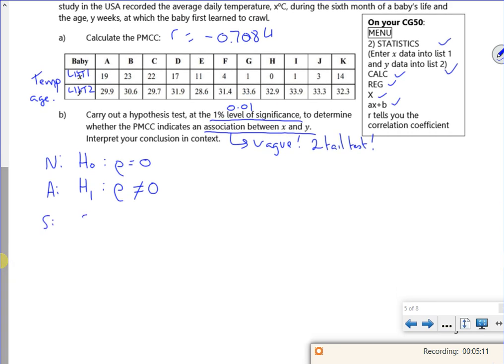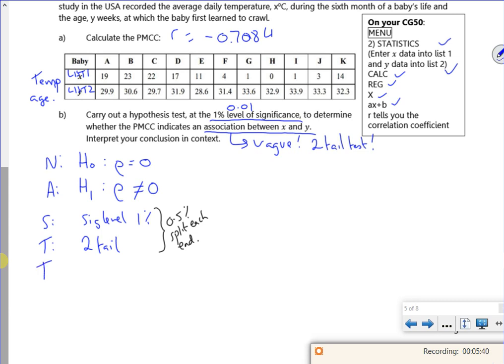My significance level is 1%. My tail is a two-tailed test. So 0.5% is split at each end.